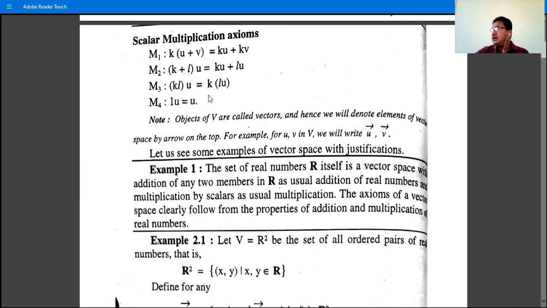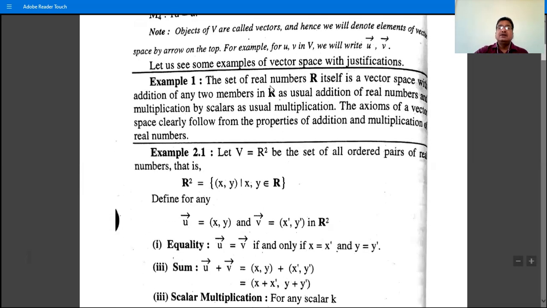That is, if we have to multiply 2 into 3 into 4, then we multiply 2 into 3 first and then multiply by 4. We have 2 into 3 is 6 and into 4 is 24. And if we write the calculation like this, first multiply 3 into 4, so 3 into 4 is 12 and 12 into 2 is what? 24. So these two sides are the same. So this property is also satisfied for real numbers. Obviously 1 into u is u for real numbers, for all u belonging to R.